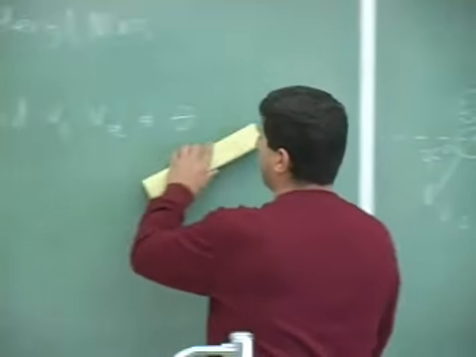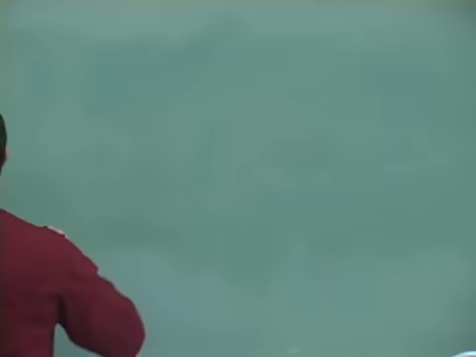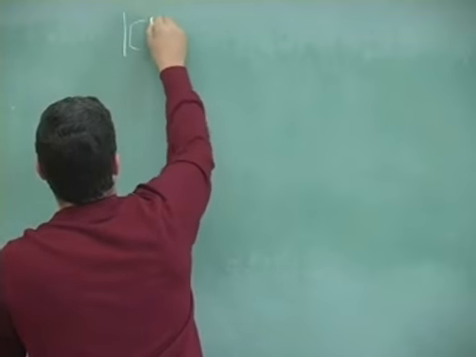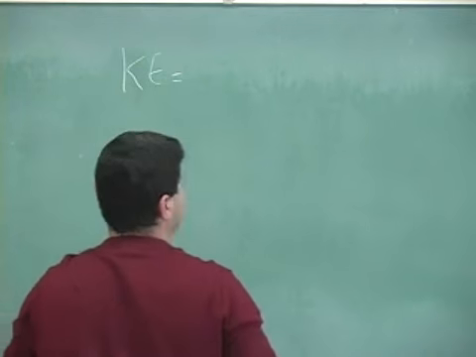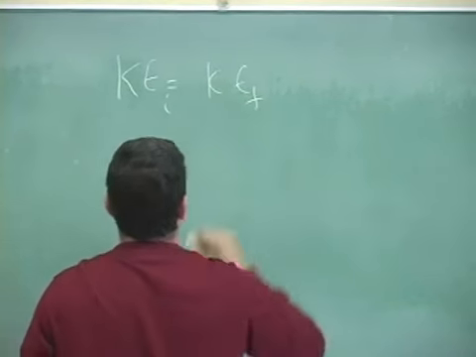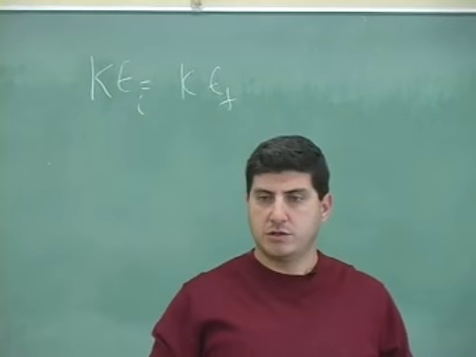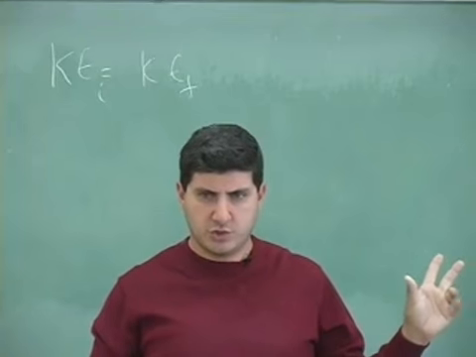And now I need an equation for kinetic energy. Kinetic energy initial equals kinetic energy final. So kinetic energy initial, which we already know, wasn't it 19? 19 joules, right?